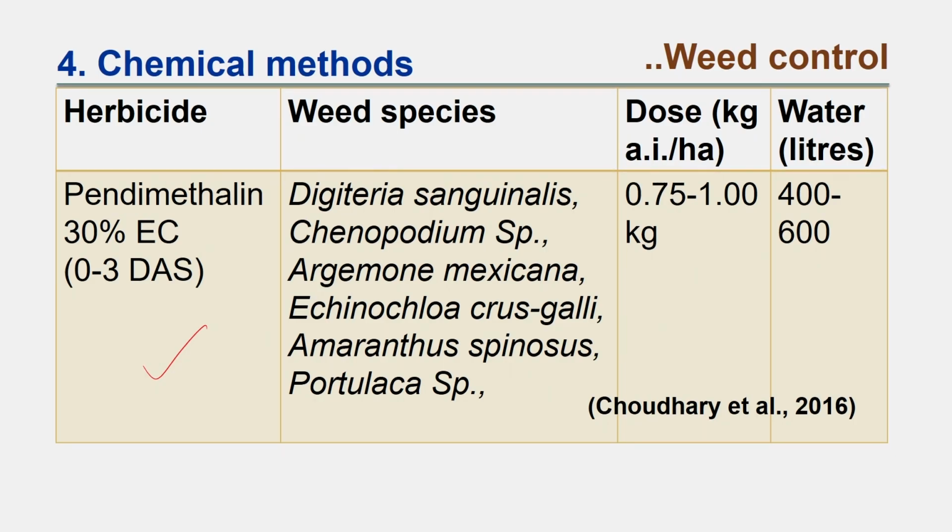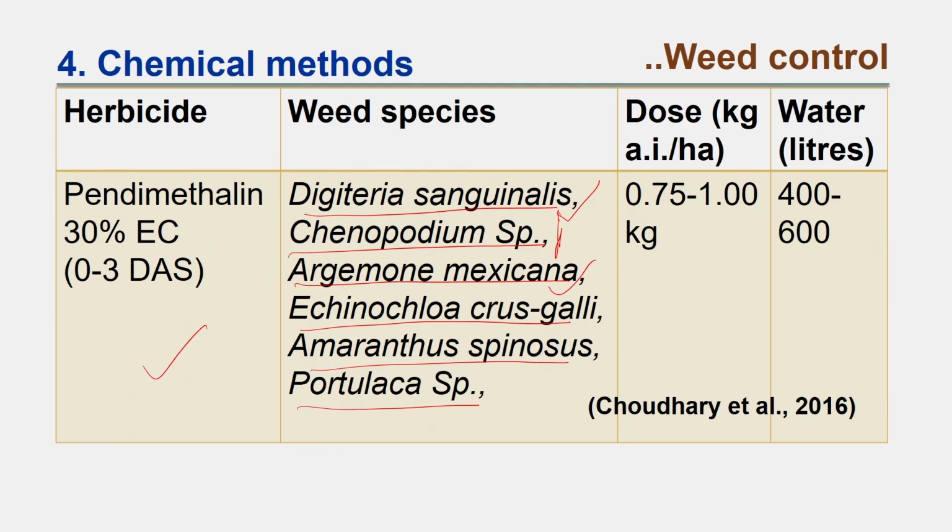The weeds controlled by pendimethalin include Digitaria sanguinalis, the major weed of jute crop, Chenopodium album or Chenopodium species, Argemone mexicana, Echinochloa crus-galli, Amaranthus spinosus, Portulaca species. So you can see that this pendimethalin can control Digitaria sanguinalis, which is a grass weed. Similarly, Chenopodium is a broadleaf weed, and also Argemone mexicana.